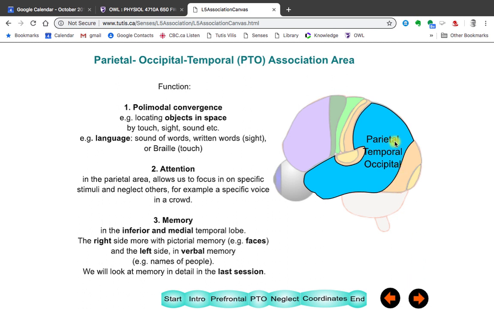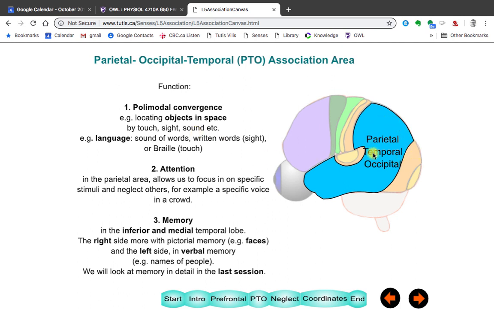Okay, so we'll move on now to this structure back here. It's a big one. It involves the parietal, temporal, and occipital cortex, a little bit back here in the occipital areas. And it does a lot of things. One of these is polymodal convergence. It's a big word for just locating objects in space and combining things by touch, sight, and sound.